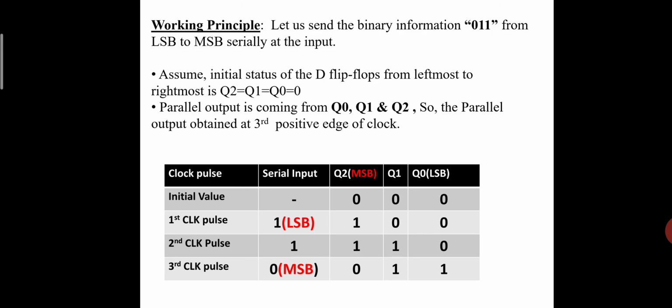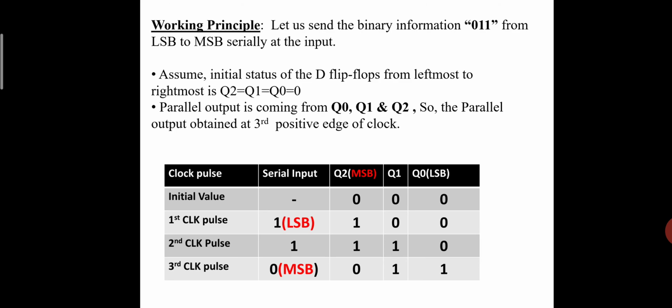For this SIPO, here also I will take the same example, that is 0, 1, 1, where LSB is 1 and MSB is 0. I will feed this input serially to the SIPO, and the initial state of Q2, Q1, Q0 is the 0 state. So after application of the first clock pulse, the LSB will be emitted from Q2.